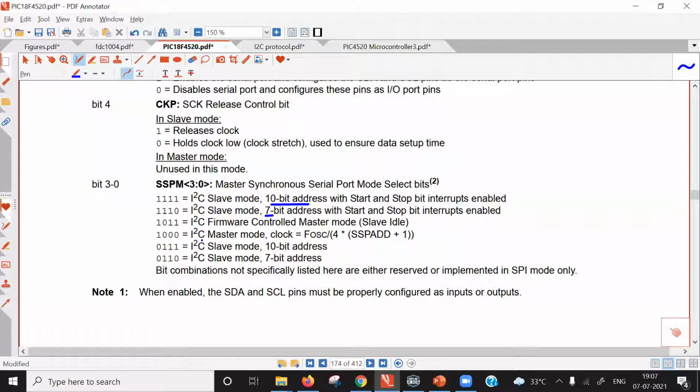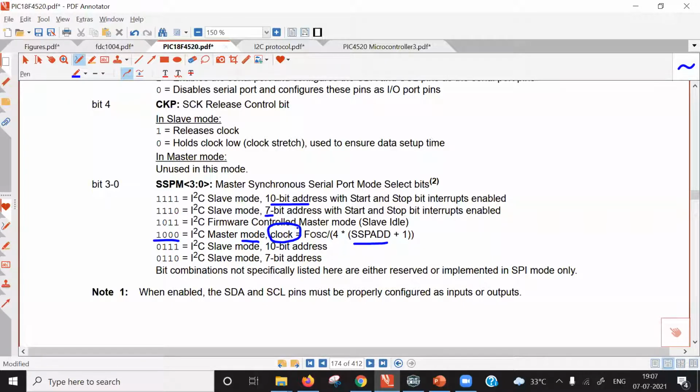In our case, we have selected last 4 bits 1000. What we have selected here? I2C master mode, and baud rate is decided by SSP address register. This clock is nothing but clock used for data transmission on I2C bus.